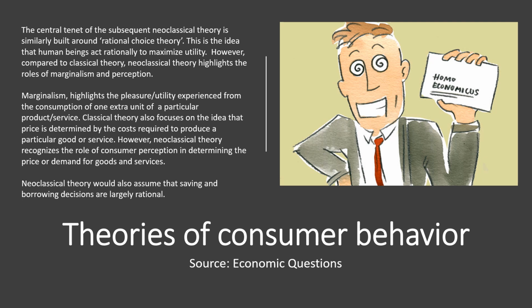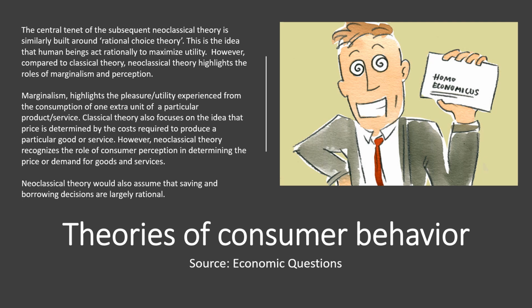However, compared to classical theory, neoclassical theory highlights the roles of marginalism and perception. Marginalism highlights the pleasure and utility experienced from the consumption of one extra unit of a particular good. So the marginal or the additional consumption of that one extra piece.